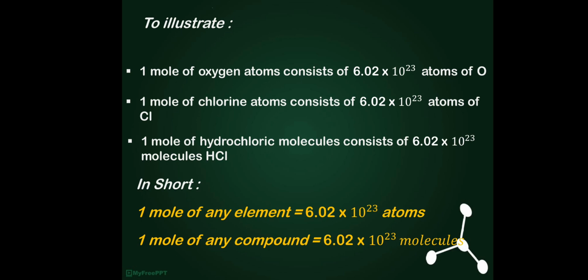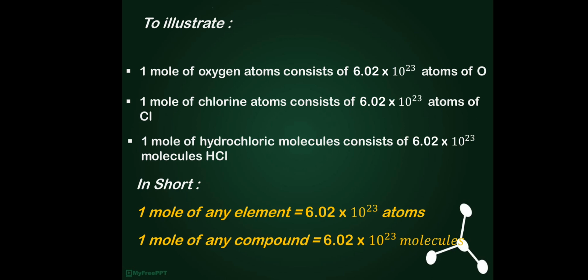So always remember that. This is all the illustration wants to say: even if it is an element, even if it is a compound, all of that is considered to have 6.02 times 10 to the power of 23 atoms for an element and molecules for a compound.